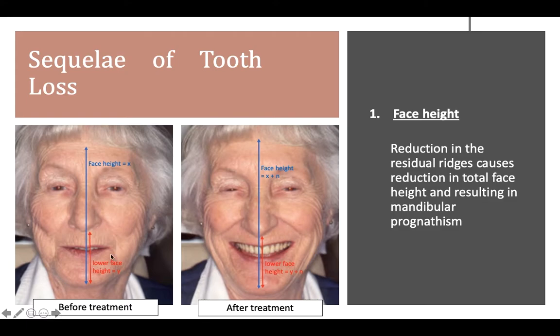Okay, so it affects the lower face height, where you can see that this height here is less than the face height after she received new dentures that restore the height of the teeth and the face to the correct face height. Okay, that's the first. Once the patient lost their teeth, they will have some reduction in the residual ridge. Okay, that causes the reduction in the face height.